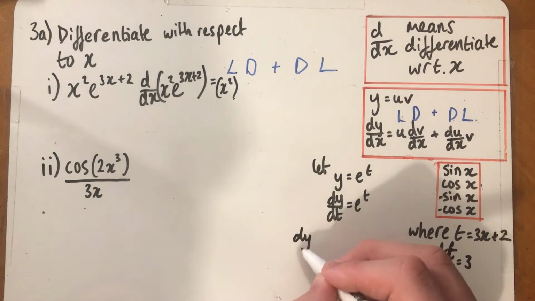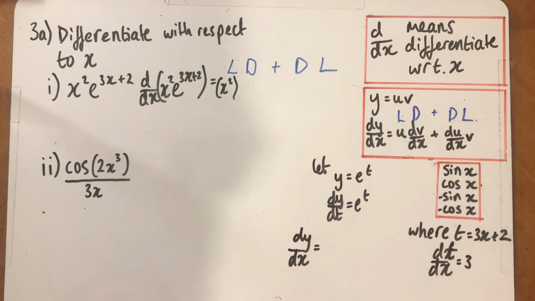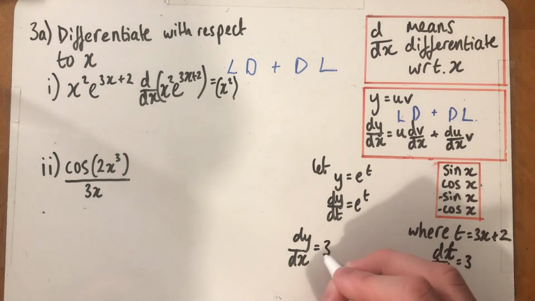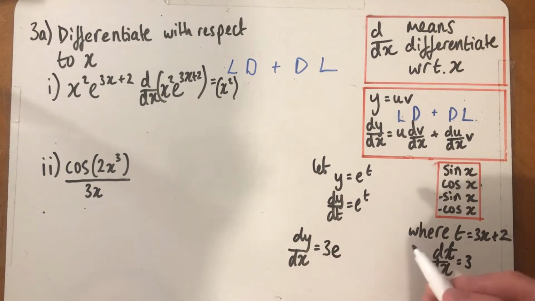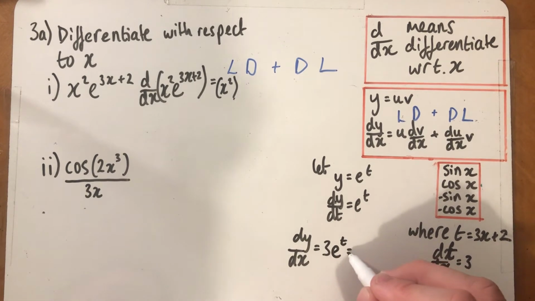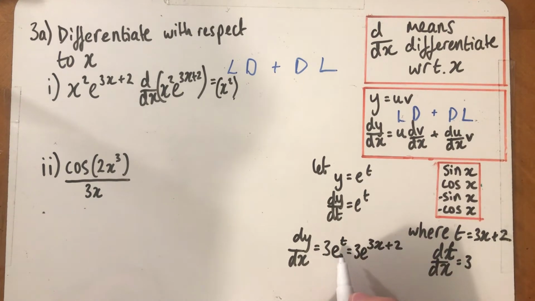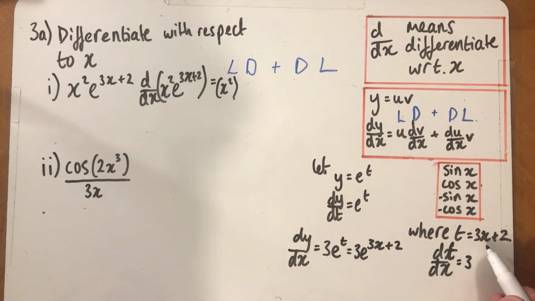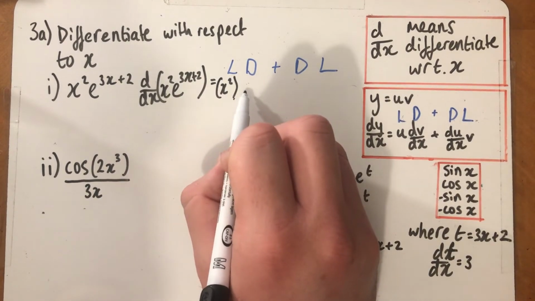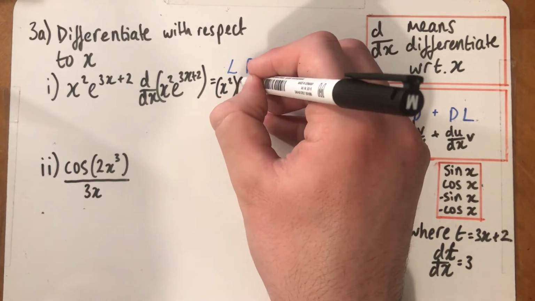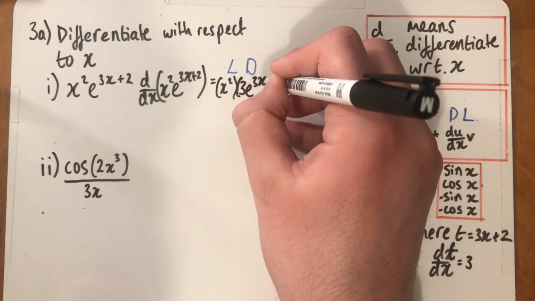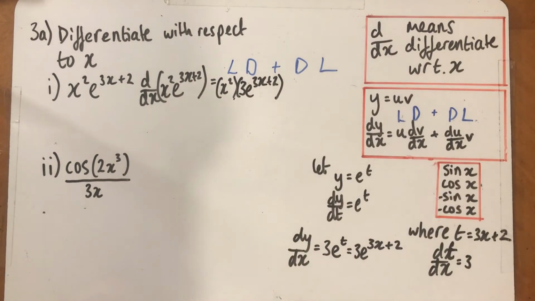Now to find dy by dx, we simply multiply dy by dt by dt by dx, and it's as if the dt's cancel out. So we're left with 3e to the power of t, which is equal to 3e to the power of 3x plus 2, because we know that t equals 3x plus 2. So when we differentiate our second term in the product rule, we get 3e to the power of 3x plus 2.